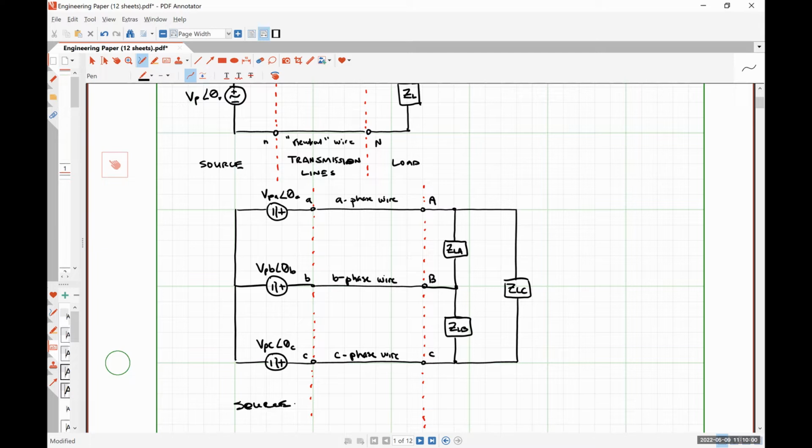So we have source, load, and transmission lines. Again.